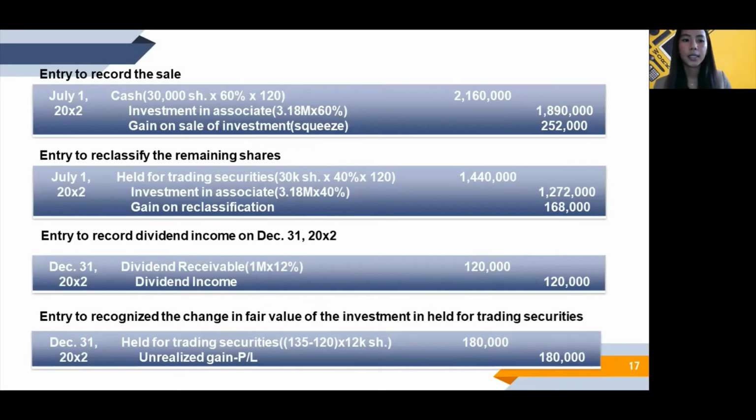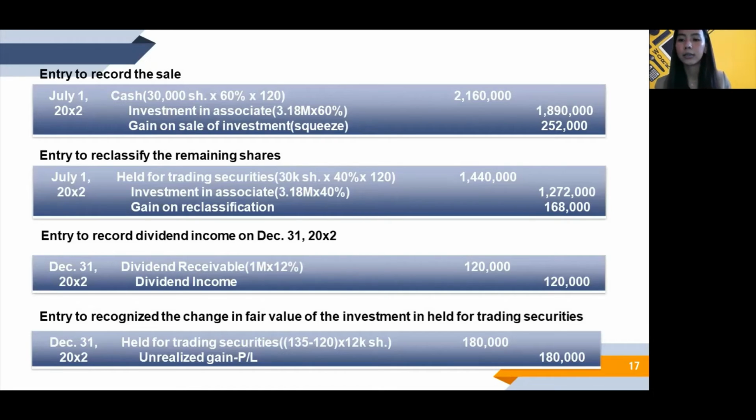This is the entry to record the sale. On July 1, 20X2, debit cash of 2,160,000, which we got by multiplying the 30,000 shares by the 60% sold portion, then multiplying again by the 120 pesos market price per share.